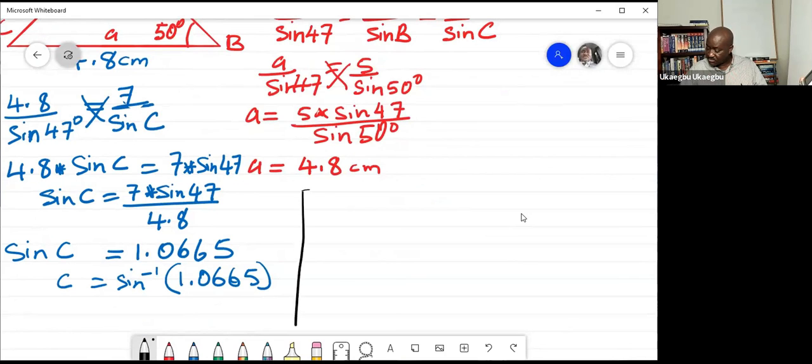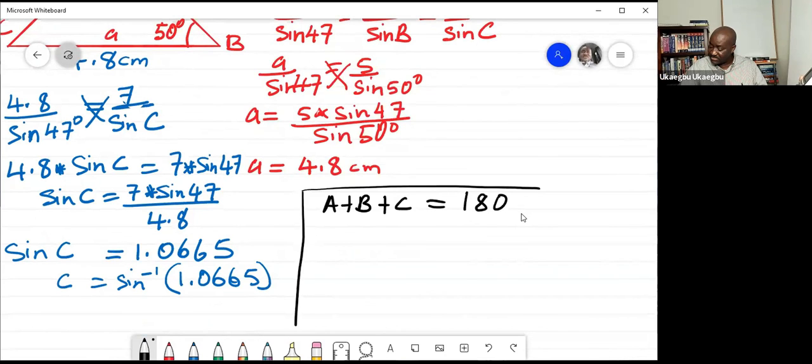Use angle A plus angle B plus angle C is equal to 180 degrees.